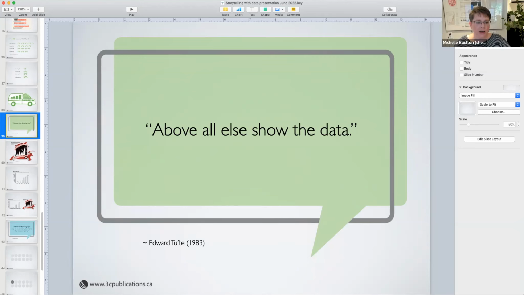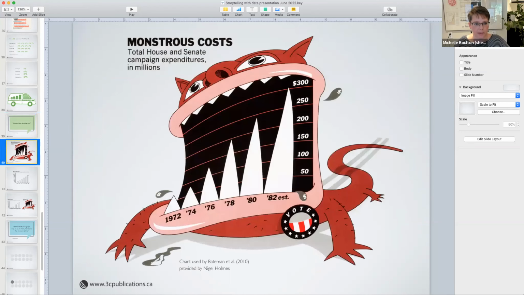So Edward Tufte again, my boy, says, above all else, show the data, right? And he's really on the minimalist side of data presentation thinking. And the other end of the spectrum is likely this guy, and his name is Nigel Holmes. Nigel was creating charts for Time magazine beginning in the 1970s.